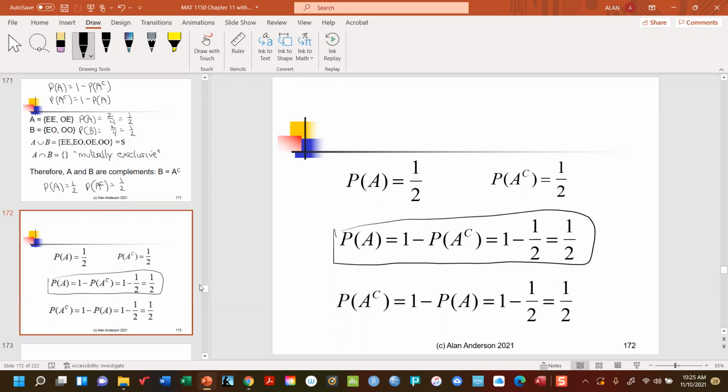The probability of A is a half, so 1 minus 1/2 is 1/2. In other words, 1 minus the probability of A complement is 1 minus a half, which is a half, which in turn equals A. And here, the probability of A complement equals 1 minus the probability of A, or 1 minus 1/2 equals a half. So both of these conditions have been met. That's what we would expect because we've proven that A and A complement are, in fact, complements. It can't work out any other way.